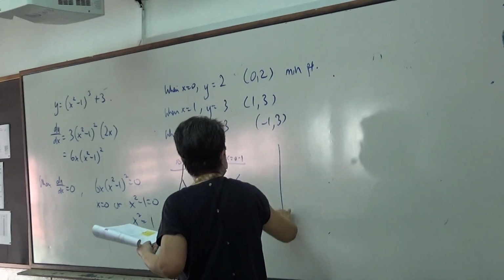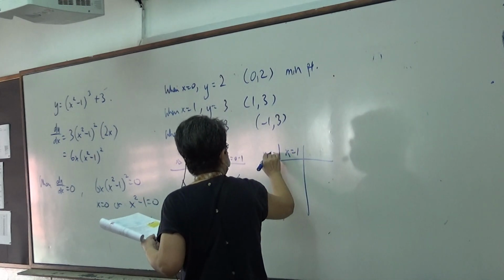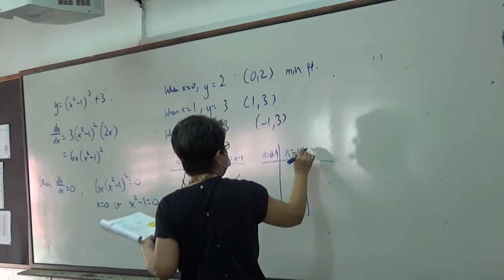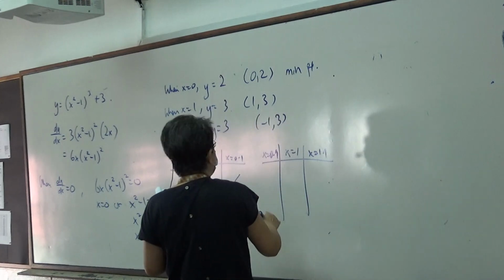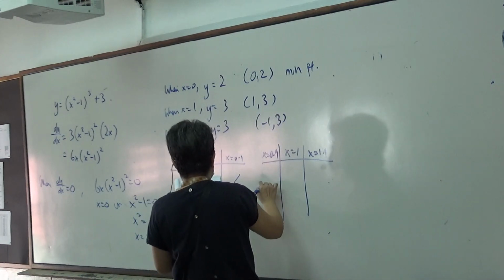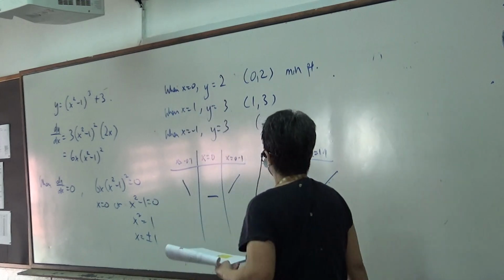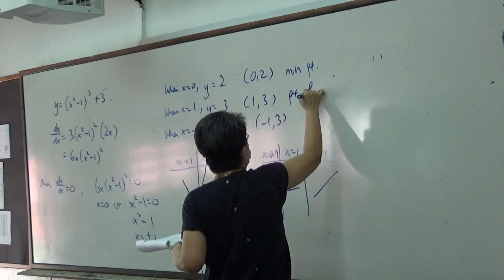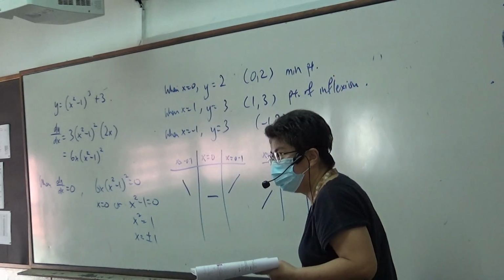Okay, now the next one. Slightly less will be 0.9, slightly more will be 1.1. Correct? So for (1, 3), you will get like this. So what is this? Point of inflection. Everybody okay?